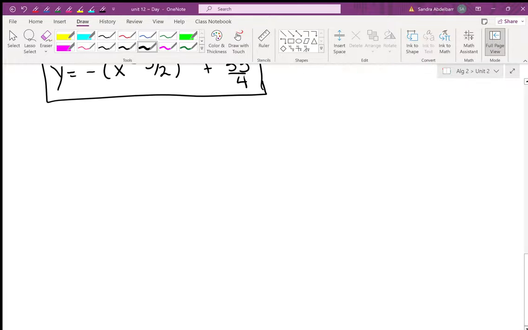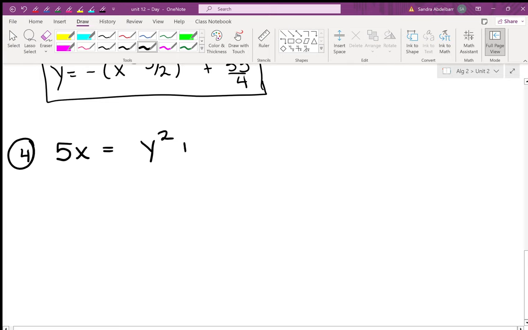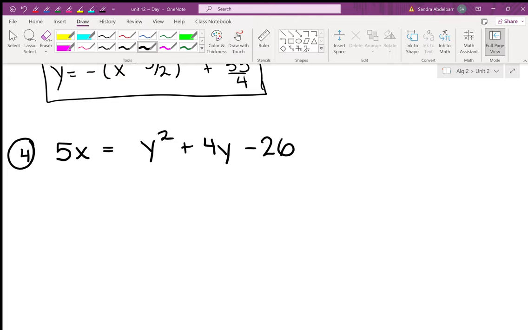So now I'm going to shake things up a bit. What's different? The x's and y's are switched.